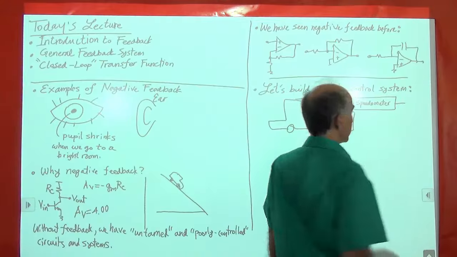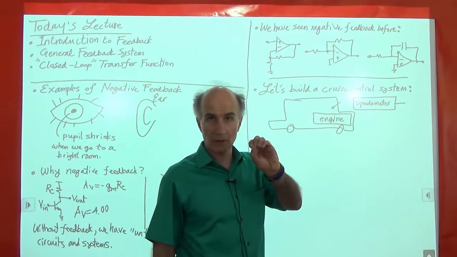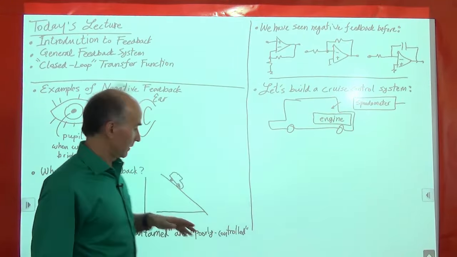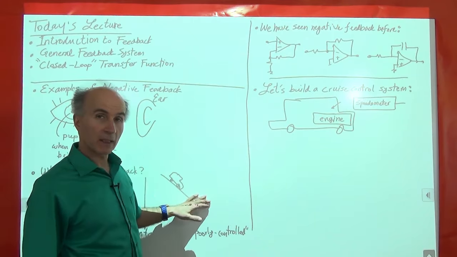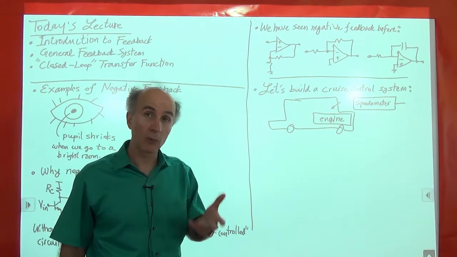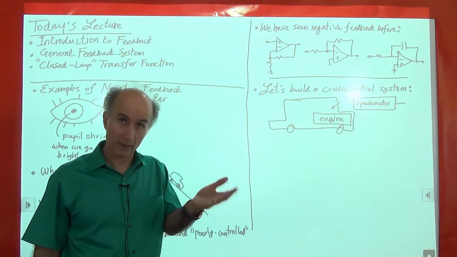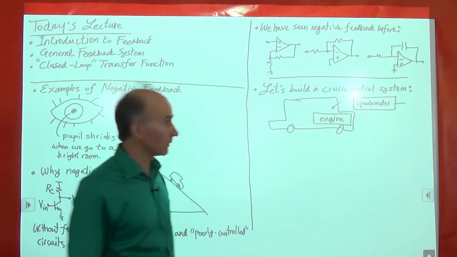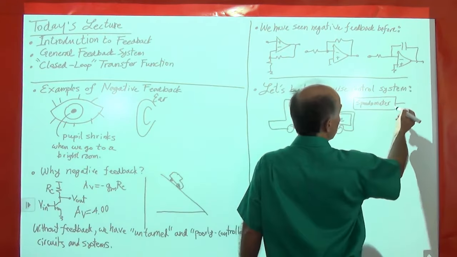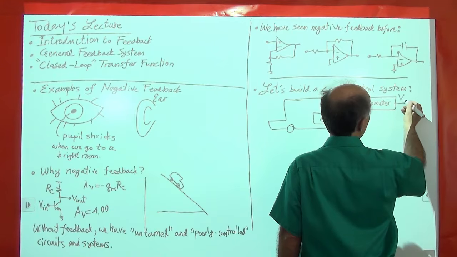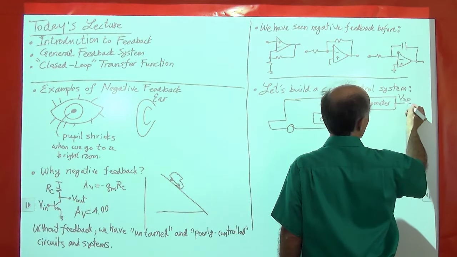And we assume that the speedometer is measuring the speed of the car as the car is moving, right? And the speedometer has an output voltage, and that's true. The speedometer does have an output voltage. So there's a voltage here, so we'll call that VSP, the speedometer voltage.